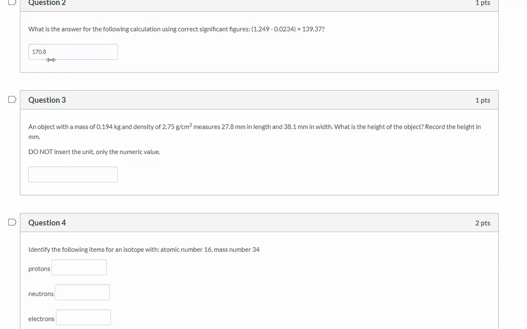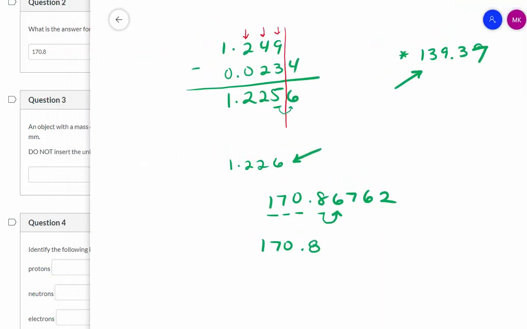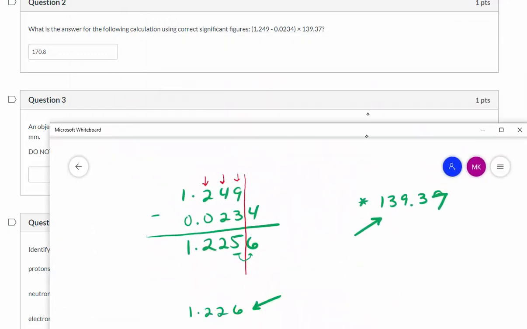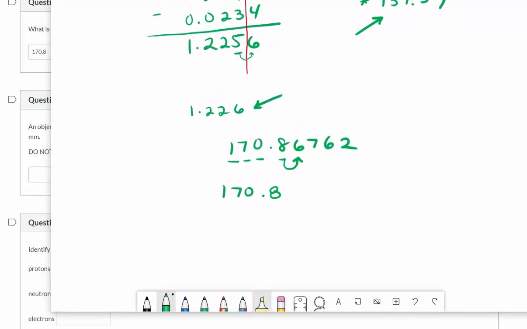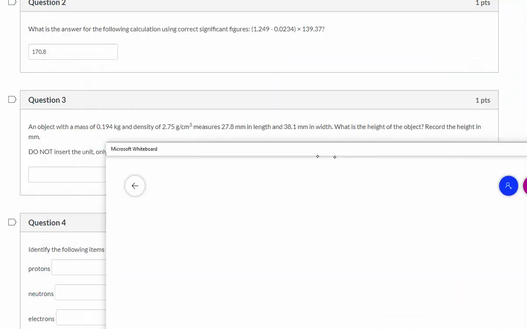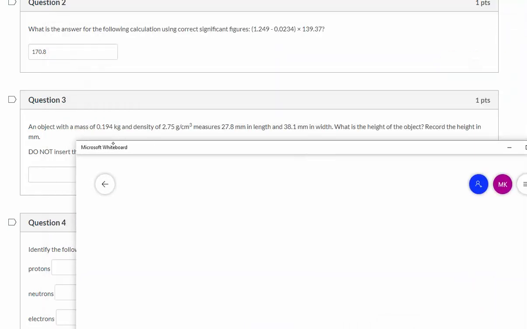Number 3, an object with a mass of 1.194 kilograms and a density of 2.75 grams per centimeter cubed has these measurements. So we are asked to find what the height of the object is. Well, this is going to be a lot of manipulating our density equations.